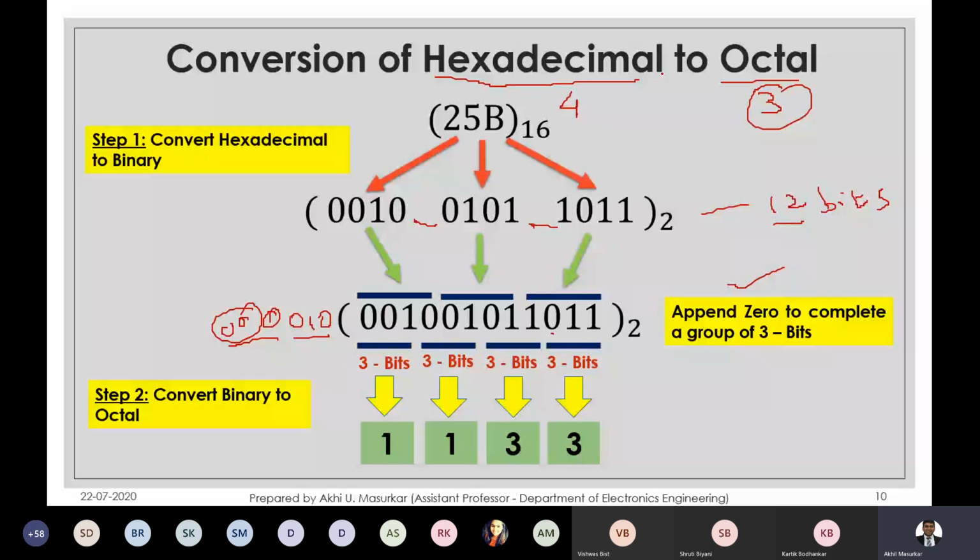Now I want you to tell me what will be the conversion of 25B point 38 in hex into octal.